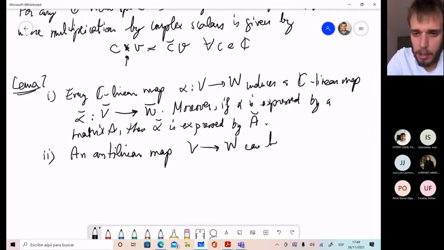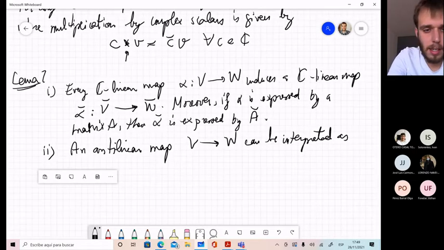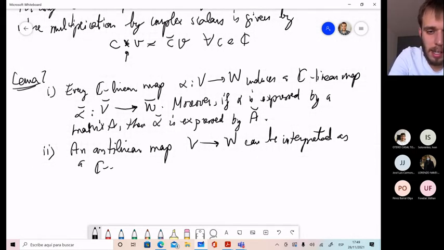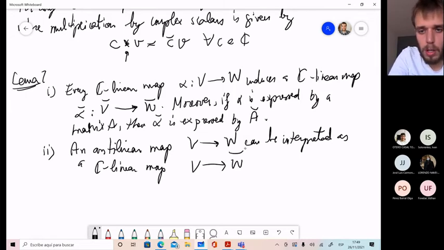It can be interpreted as a C-linear map from V to the conjugate of W, okay? So, some small comments on this.